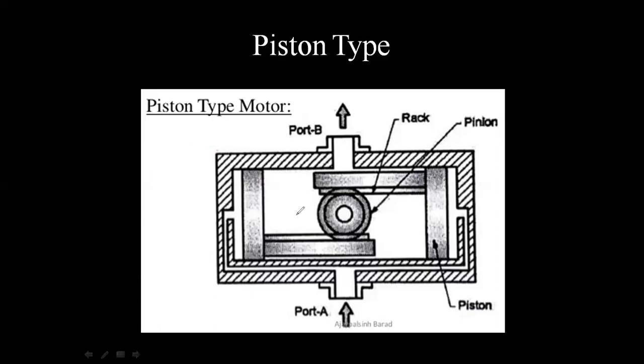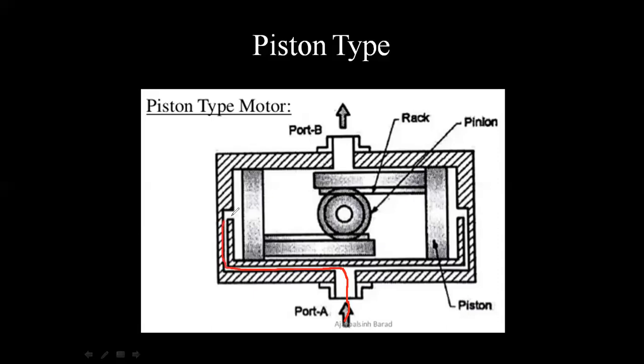So you can see how it works now. This is the cylinder block, which is a rectangular shape cylinder block. What happens here? From port A, the highly pressurized liquid enters, and after entering, the fluid is going to flow in two parts. This is the first part.